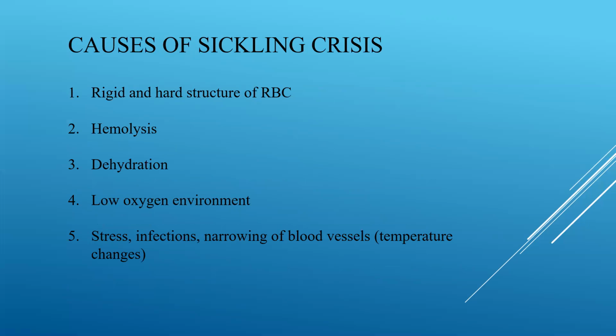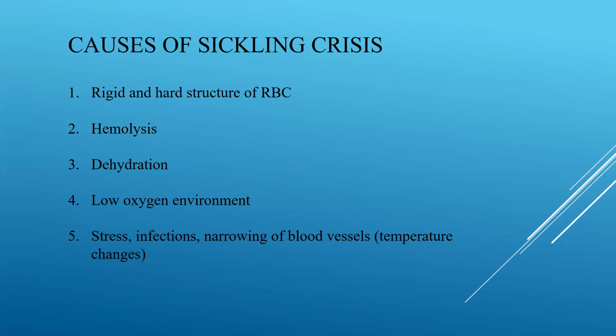Causes of sickling crisis. The first one is the structure itself. The sickle shape and the rigid, hard structure cause it to clump. Second, hemolysis, which causes inflammation. Inflammation leads to sickling.